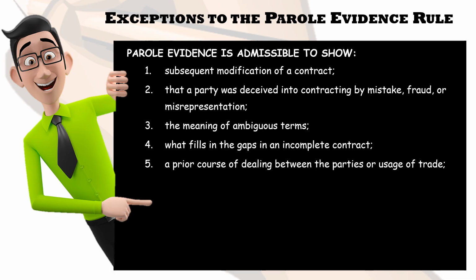to show the prior course of dealings between the parties or uses of trade. Well, parole evidence can be used to interpret the contract by showing how the parties have acted with one another in the past. Right? Easy example, I think one that I may have given before, right? I'm a paper supplier, you're a printer. I have a contract with you that runs for 4 years, right?